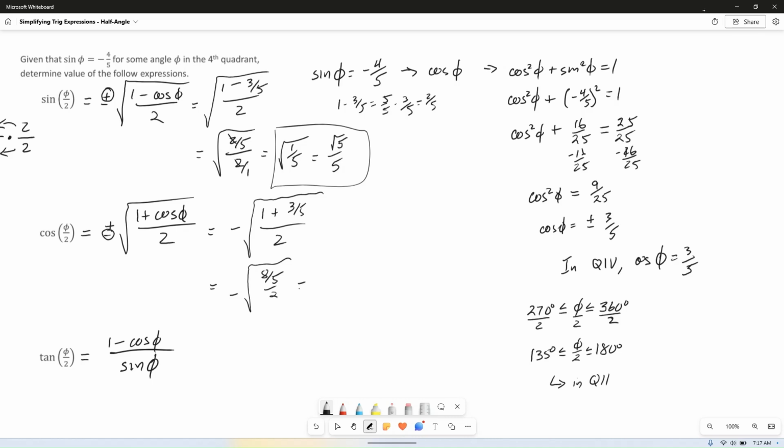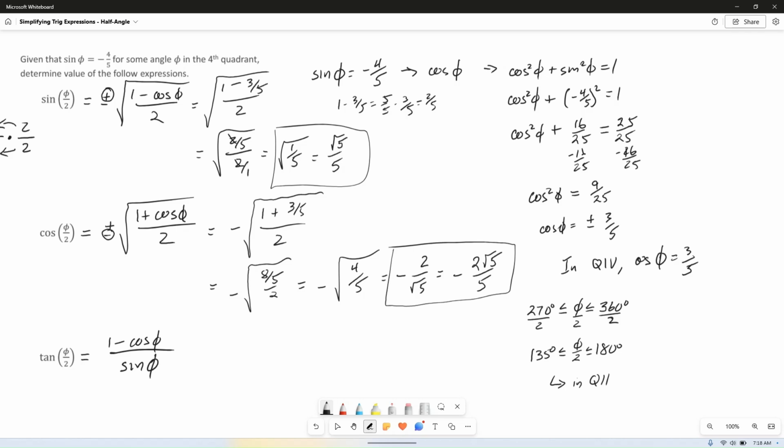Again, that 2 is going to reduce that 8 down to 4. So we have a negative square root of 4/5. The square root of that 4 is going to be a 2. So we have a negative 2 over the square root of 5. Again, you could leave it there, or you could rationalize it, which would give us a negative 2 square root of 5 over 5. And so that's the value for the cosine of phi over 2.